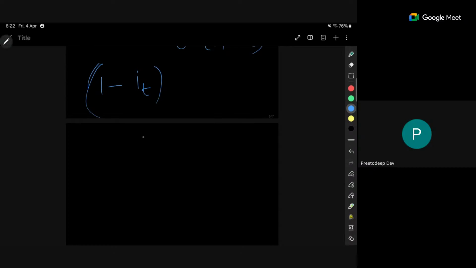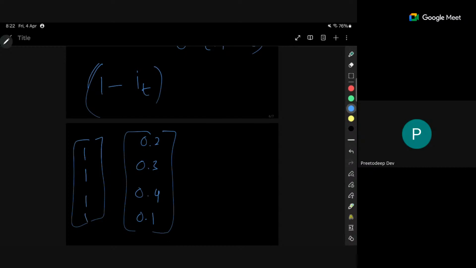Let's say IT is 0.2, 0.3, 0.4, 0.1. So what do you expect one minus IT will look like? Okay, so one minus IT, what you'll do is you'll subtract this.